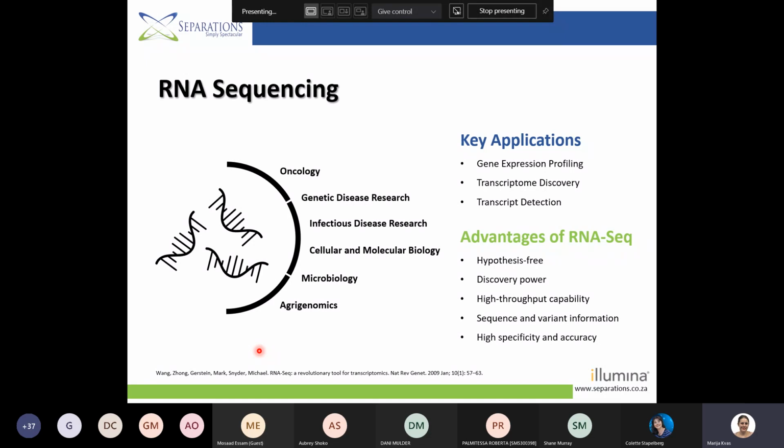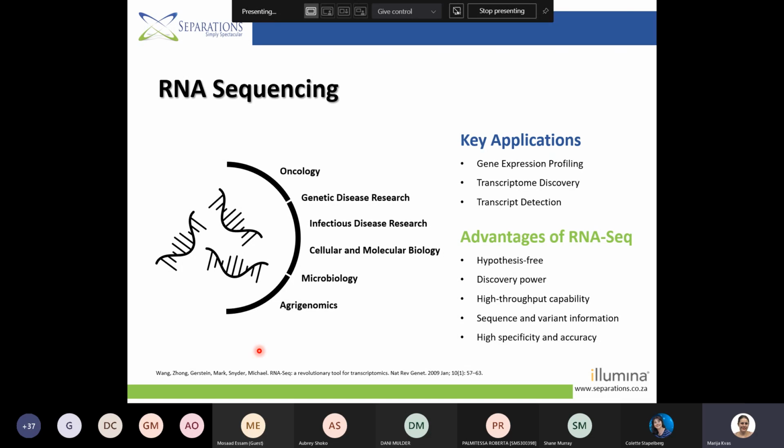So when we talk about NGS, like I mentioned before, the advantages of NGS when it comes to RNA-seq are that we have enormous discovery power because we don't need prior knowledge of what we are sequencing. It's hypothesis free, right? We can discover novel transcripts, for example. We can look into different variants, and we do this with high specificity and accuracy.